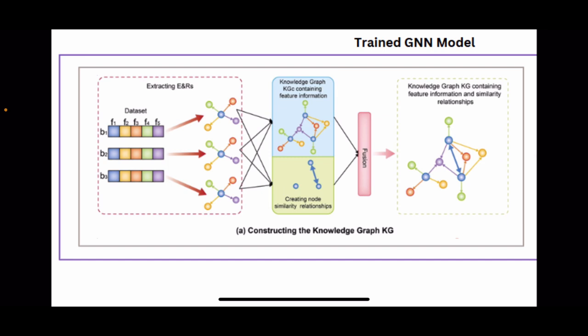And with extraction of entities and relationships from this data, we're able to create a knowledge graph based on several features, based on how similar relationships are. After this, we fuse these features together to create a knowledge graph containing information and similar relationships to each entity.